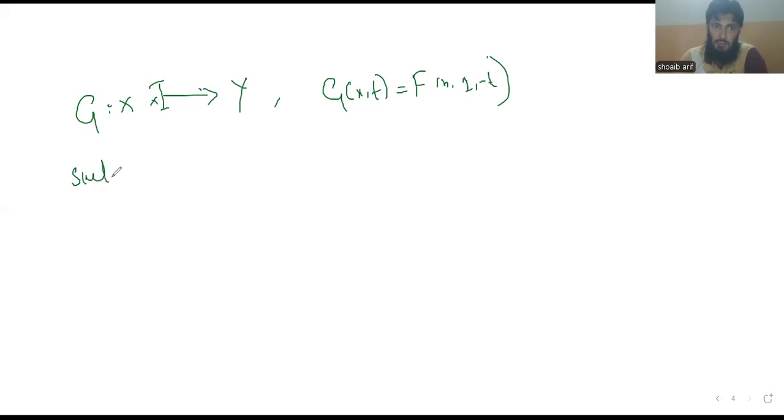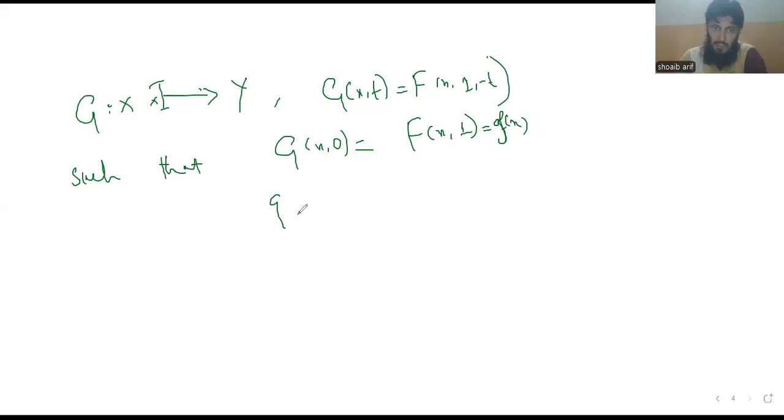How does this homotopy work? At G of x comma 0 we get F of x comma 1, and as we know the definition of F, F of x comma 1 gives g of x.